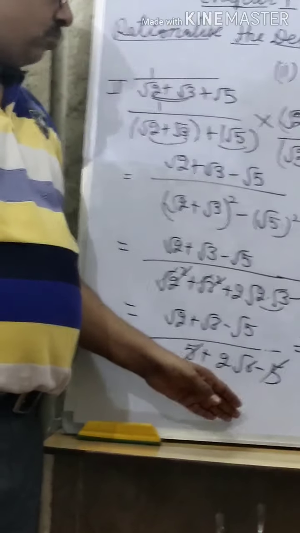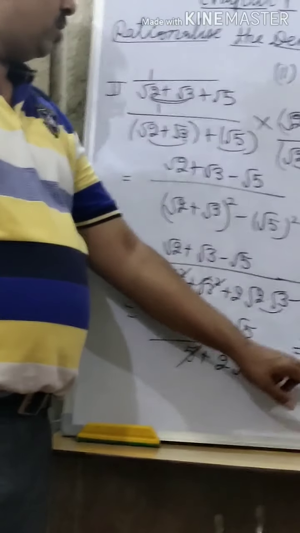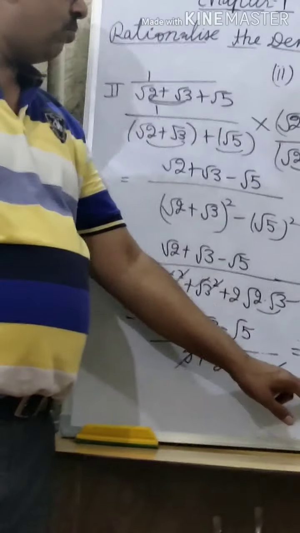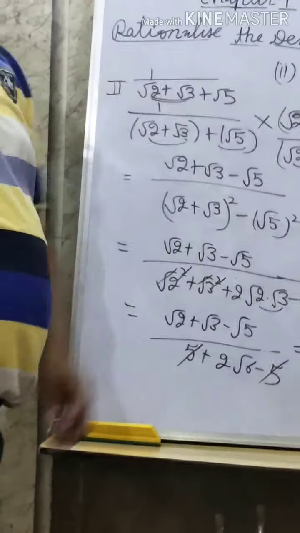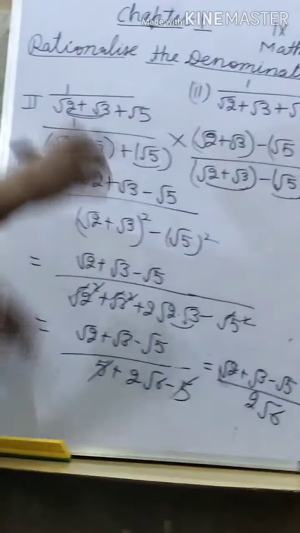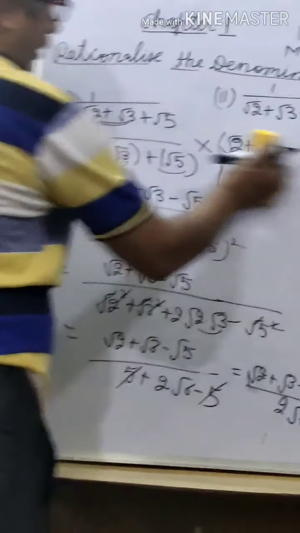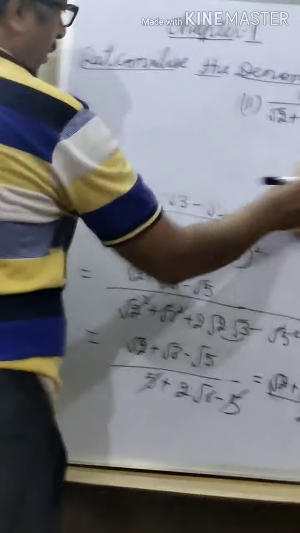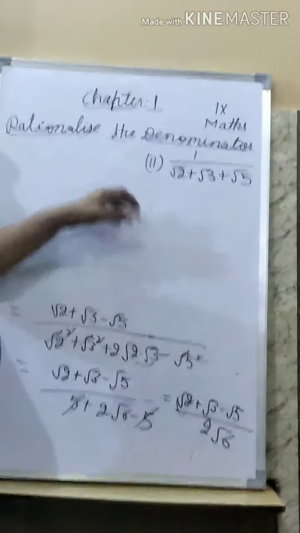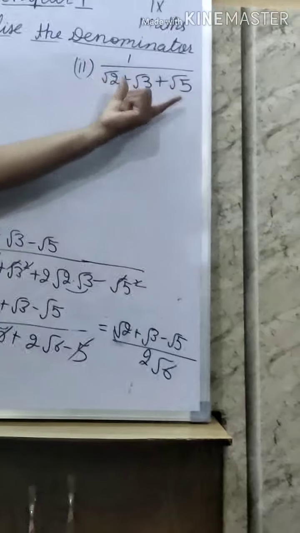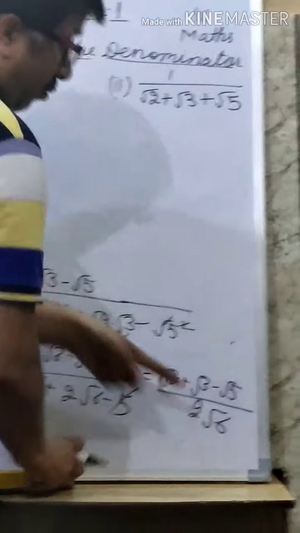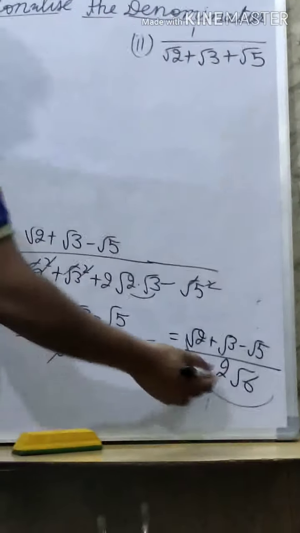Understand? So my dear students, here root 2 plus root 3 minus root 5 upon 2 root 6 is not the answer, because I told in the starting what the method of rationalizing the denominator is. We have to remove the root sign from the denominator. But here, even now, root is here.